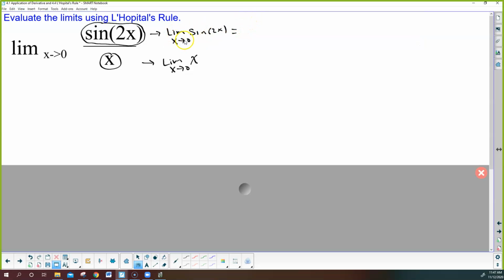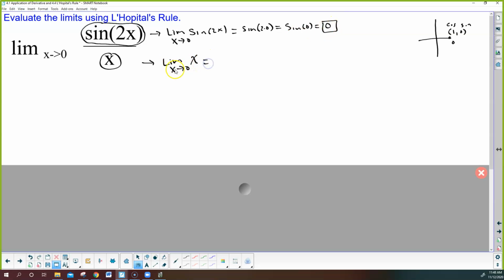What do we got? The limit as x goes to 0, I can just plug in 0 right here, and 2 times 0 is still 0. So then I have to think of what is the sine of 0, right? And that's where I'm going to just do this really quick. If I go over 0, this is kind of a unit circle. I'm at the spot 1, 0. Cosine is the first one, sine is the second one. So the top limit goes to 0.